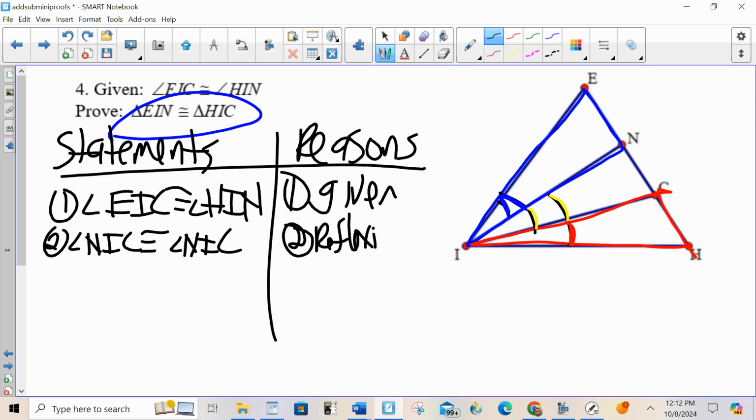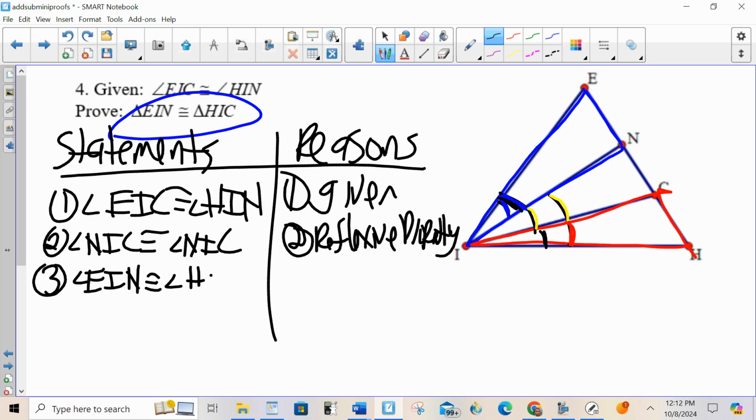That's reflexive property. And now that I have those, if I subtract them, I end up with what I want, which is angle EIN being congruent to angle HIC. That's subtraction. I subtracted those NICs.